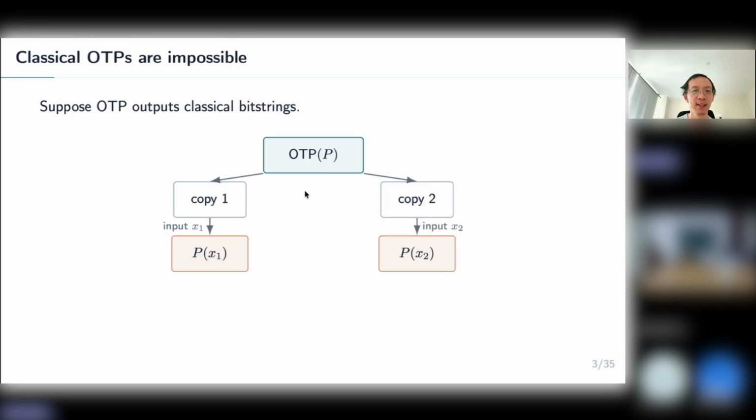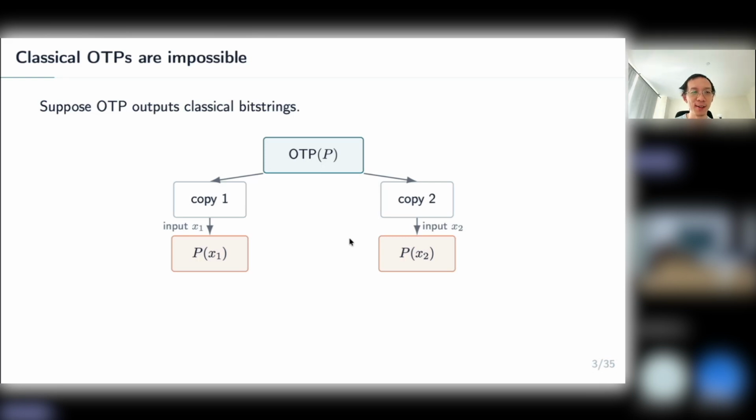You can copy it once and then evaluate it on X1. And whatever happens to that copy, you don't really care because you have a second copy which you can subsequently do another evaluation with. So if your one-time compiler just outputs a classical bit string, you can copy it many times and evaluate as many times as you want.